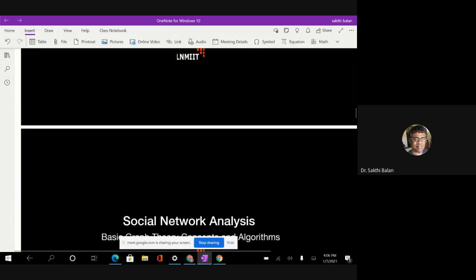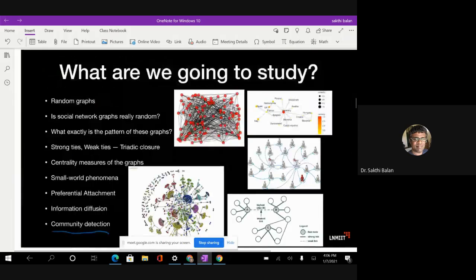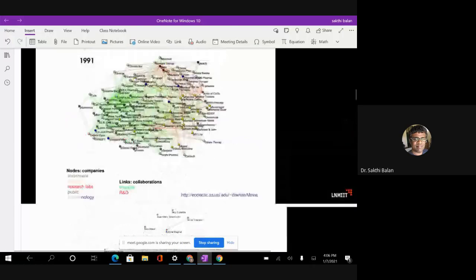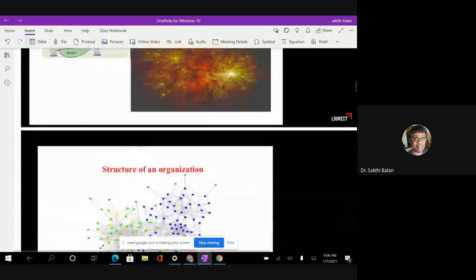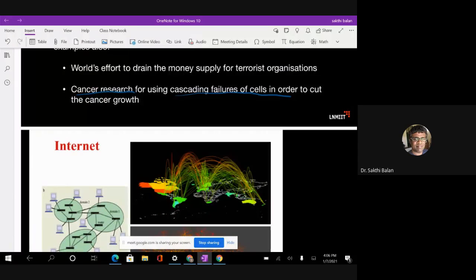So in the last class, we were looking at what is there in the social network analysis, what are the contents that we are going to cover, and what kind of evaluation we will be doing.